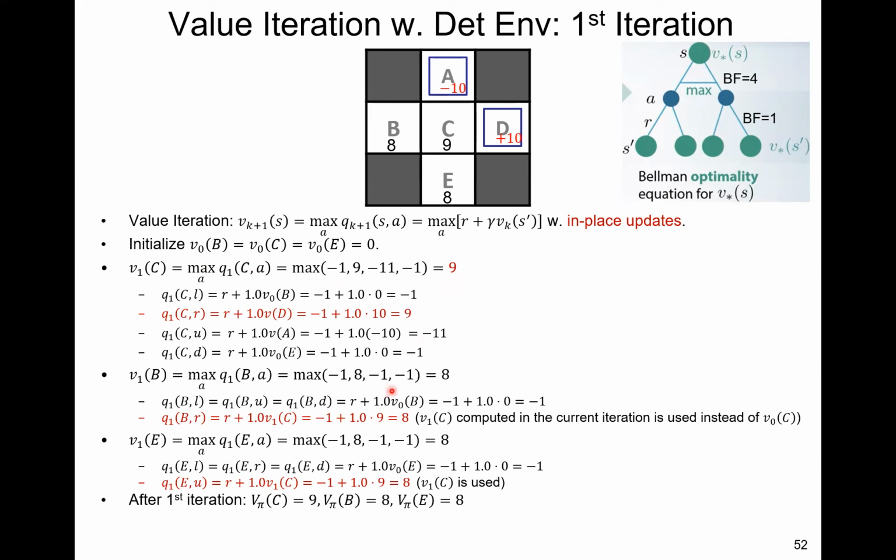For V1B, you get the max of these terms. The best action is to move right from B.